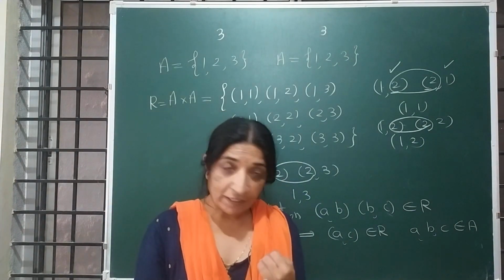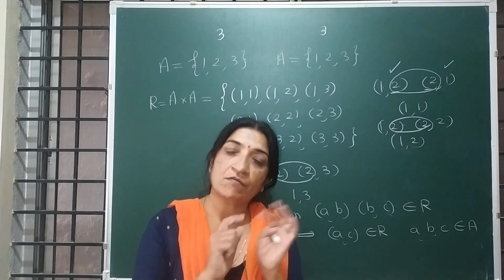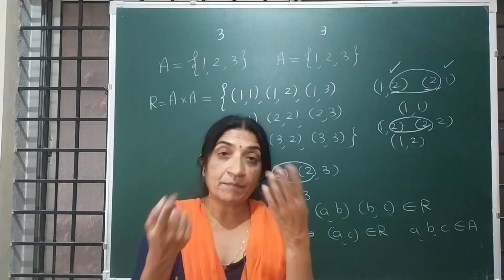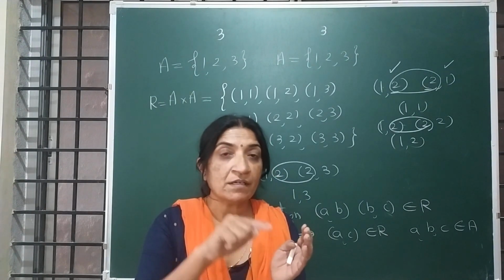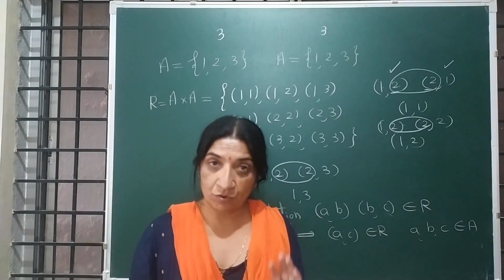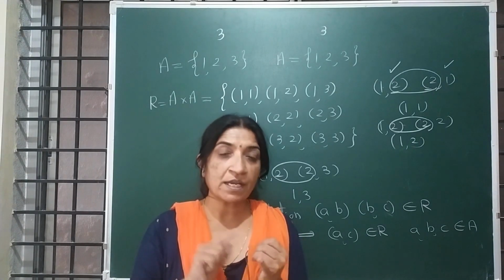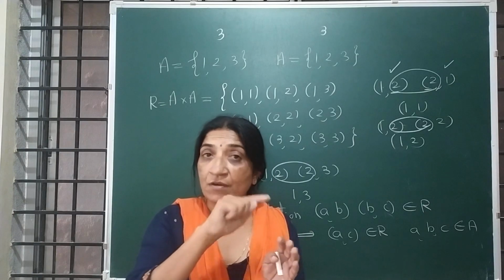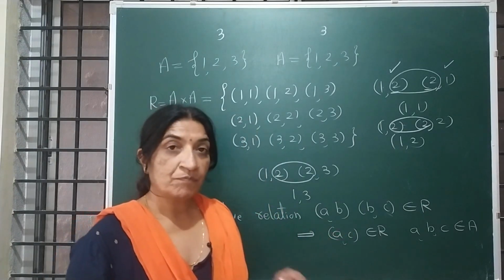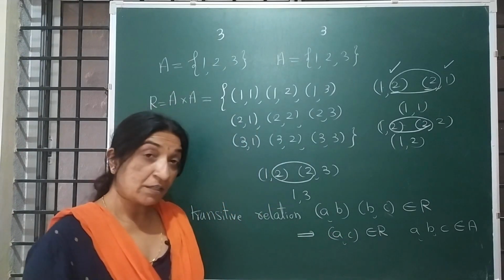So reflexive is what? The same ordered pair, (A, A). Symmetric is what? (A, B): if (A, B) is there, then you want (B, A) also. Transitive is what? (A, B), (B, C), and the middle B eliminates. What is remaining? (A, C). This is a transitive relation.